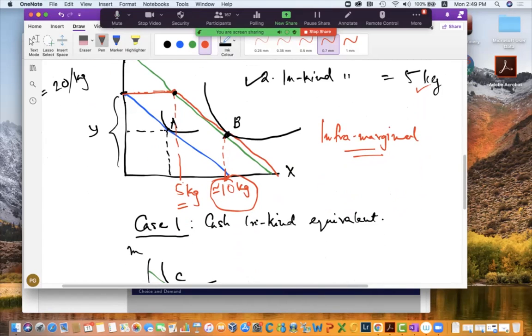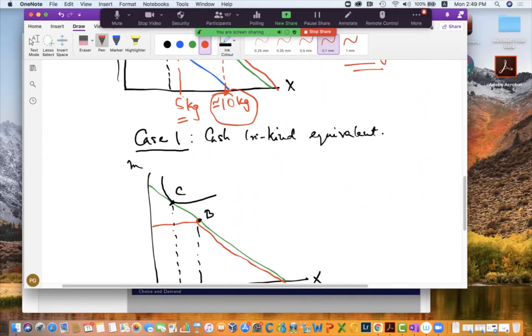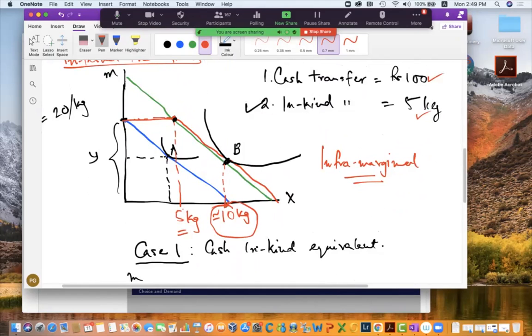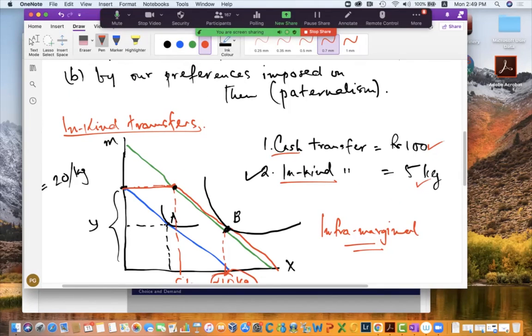Sir, in-kind cases are much more prone to red tape, bureaucratic processes, and the whole gamut of things compared to cash transfer. So there are other considerations between cash and in-kind, which I haven't taken into account. There are considerations for the supply side, for example, as you just mentioned.